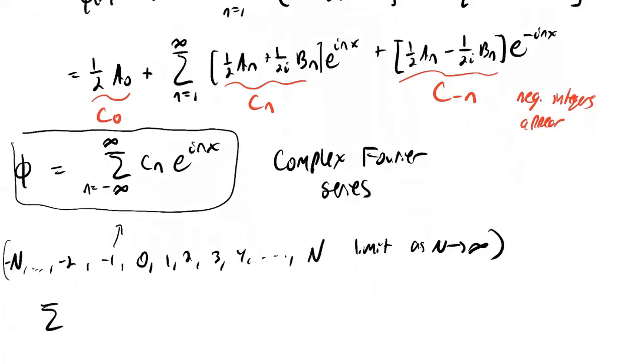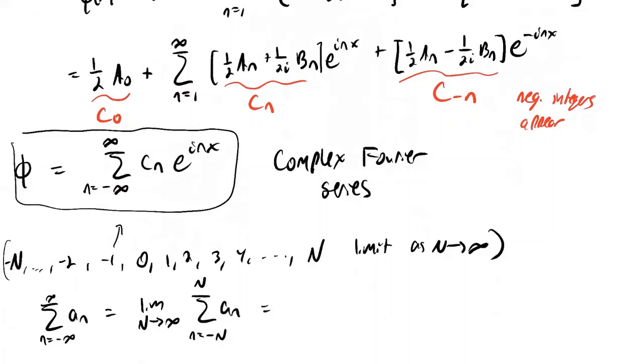So the sum from n equals minus infinity to infinity of some sequence of numbers a_n is defined to be the limit as N goes to infinity of the sum from little n equals minus N to big N of these numbers.